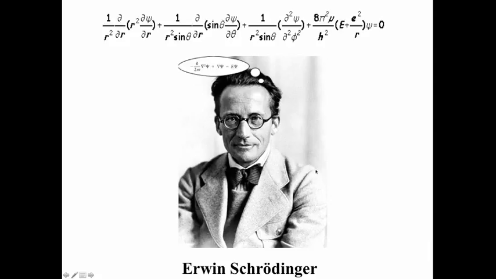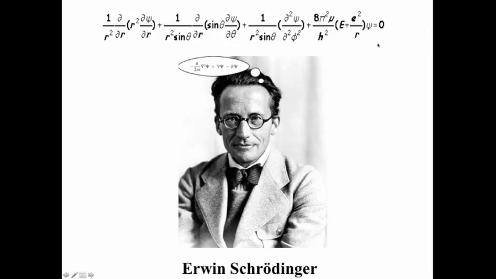He's one of a number of scientists who were instrumental in developing the field of quantum mechanics in the 1920s. This is a partial differential equation that can only be solved exactly for hydrogen, but it can be used with approximations to get some reasonable results for other atoms.